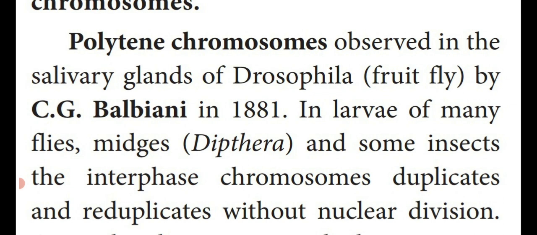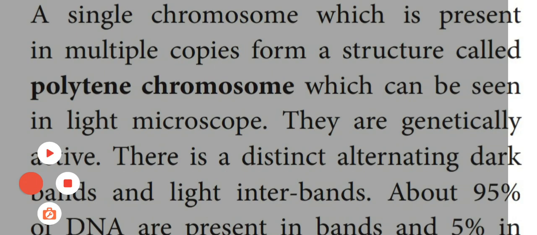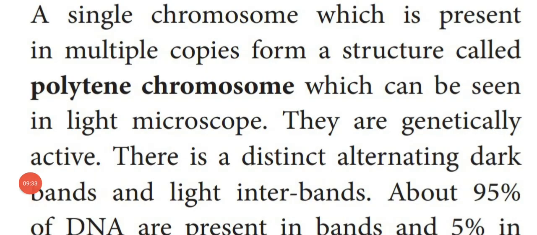So the chromosome which is present in the interphase of some flies, midges and other kinds of insects is multiplied without nuclear division. Nuclear division means there is no division of the nucleus. So that chromosome is called a giant chromosome.